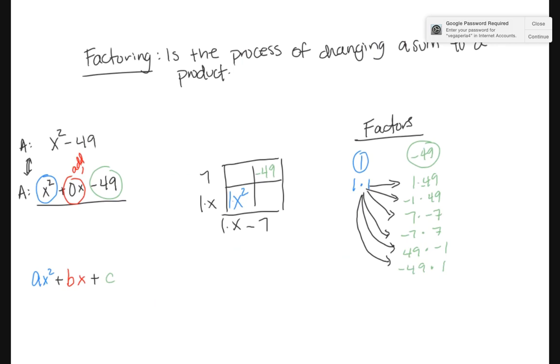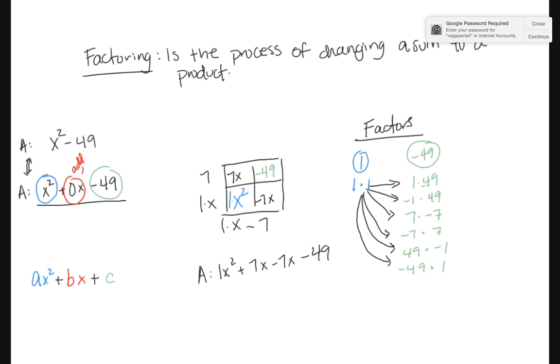So then we multiply negative 7 times x, negative 7x, and then 1x times 7, it's going to be 7x. And when we write the area as a sum in here to verify our product, we have 1x squared plus 7x minus 7x minus 49.